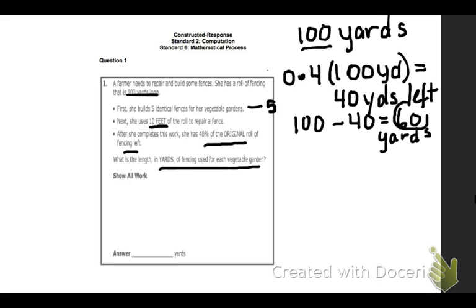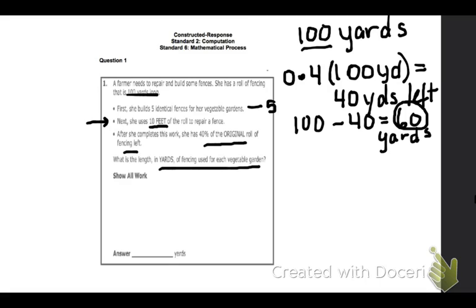Okay, so that's really important to me. Okay, so the first thing that she does is she takes out 10 feet. Remember, there are 3 feet in 1 yard, so I need to divide that by 3.